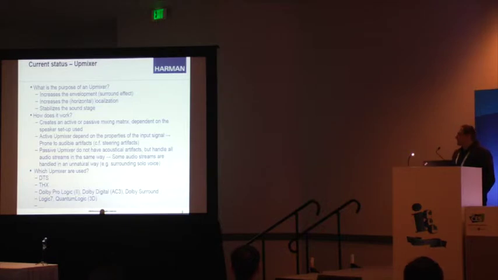But as I said, passive upmixers do not suffer under this problem, but they suffer under a different problem, because they do not distinguish between the input signals. Therefore, they handle all the same.